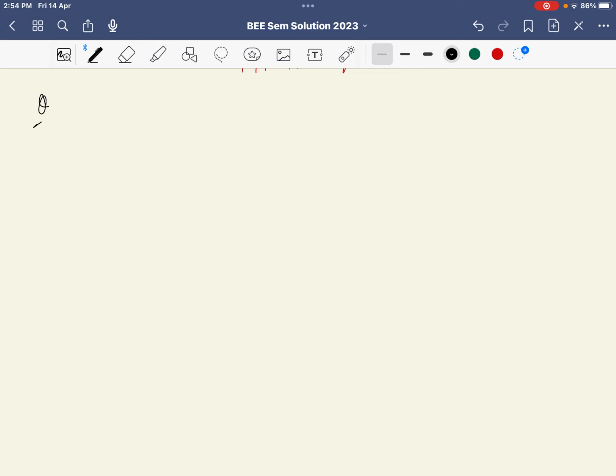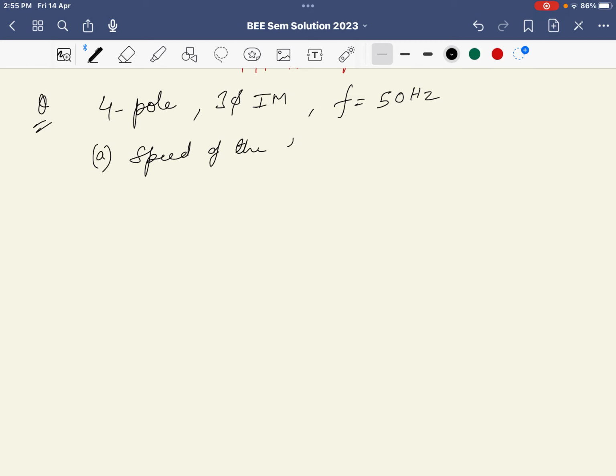There is another problem mentioned here. The data given is a 4-pole, 3-phase induction motor, and the frequency is 50 hertz. The question asks for the speed at which the magnetic field of the stator is rotating, that is, the speed of the stator flux.